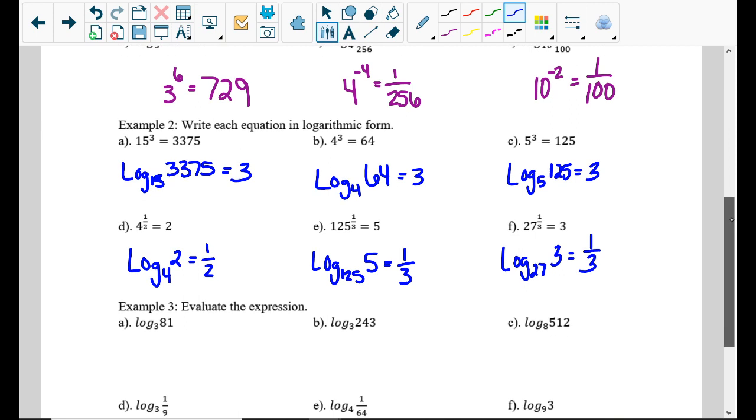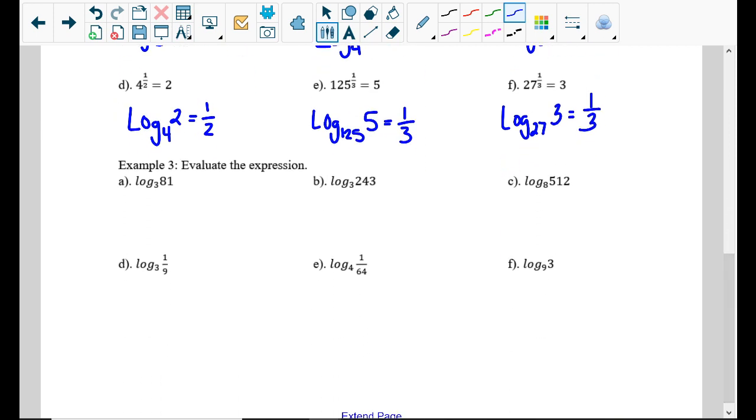Now, how can we solve these, evaluate these expressions? So we're just evaluating by hand here. If I rewrite it, it's 3 to what power equals 81. So we're just going to keep multiplying. 3 times 3, well, that's 9.